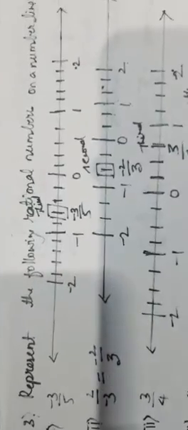Here between 0 to 1 and 0 to minus 1 I have made 7 divisions, and to mark 4 by 7 I have to move to the right of 0. After the fourth mark: first, second, third, fourth. This is the fourth mark, children. This is the rational number 4 by 7. In this way we have understood how to represent the rational numbers on a number line.